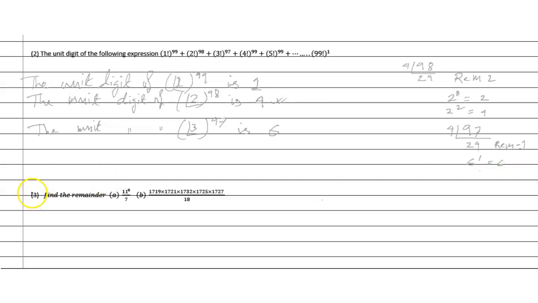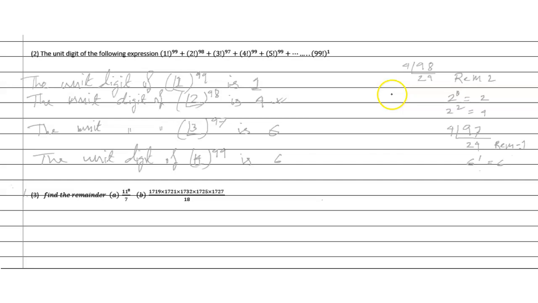And similarly, the unit digit of 4 factorial to the power 99 is also 6.